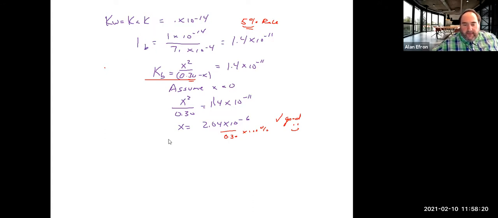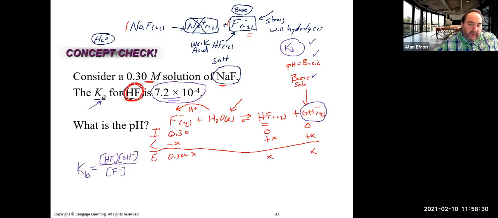All right, so now that we checked it, now that we got our X value there, we want to then go back to our ICE table just to verify what we're dealing with. And the other important aspect of it is if we go back to our ICE table, we see that the X value is not the H plus concentration, but in this case, it is the OH minus concentration.